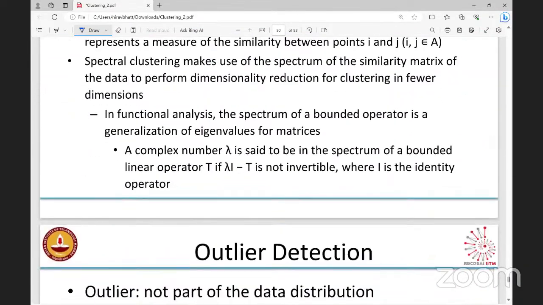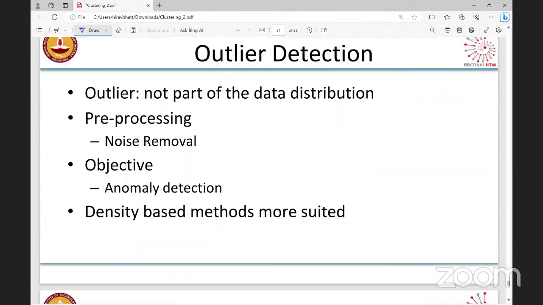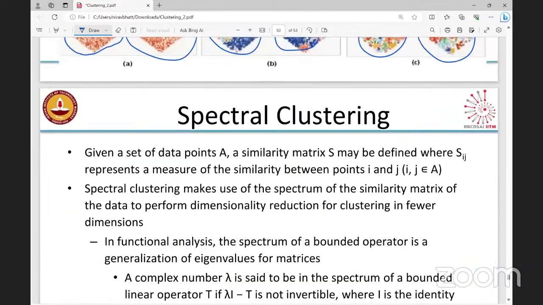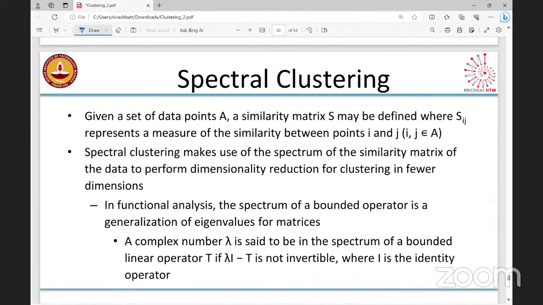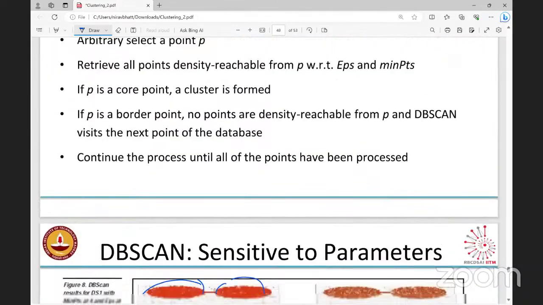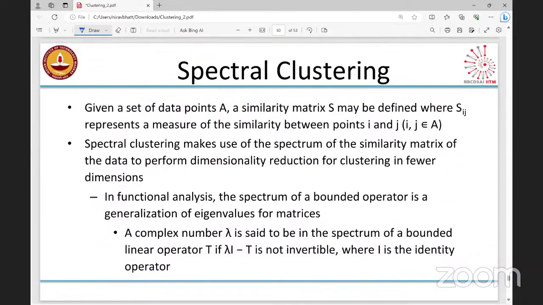Similarly, there are spectral-based clustering approaches. What I have not discussed is, let me take one very simple example.